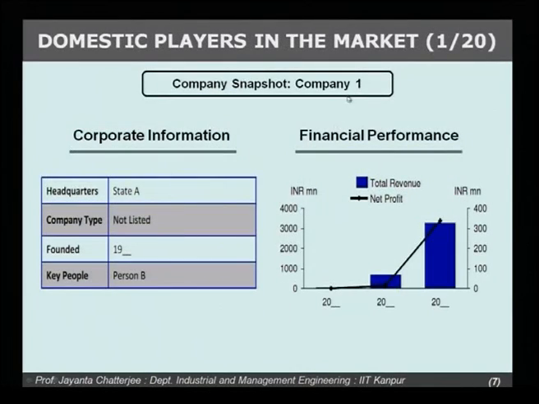So, we are looking at a company 1. Again I have not named the company, but let us say a company which is primarily interested in CFL. It is a new entrant, it has no legacy, no plant and machinery to produce incandescent bulbs. So, it does not have any historical baggage with respect to sunk investment which it has to amortize.